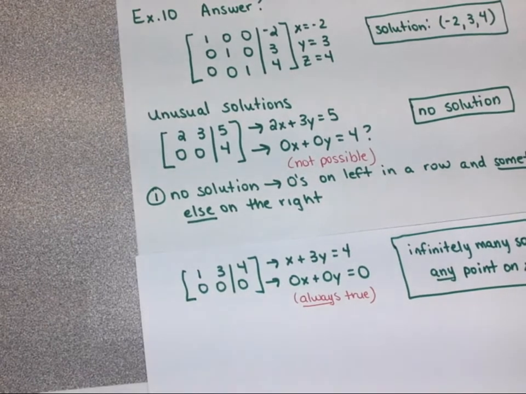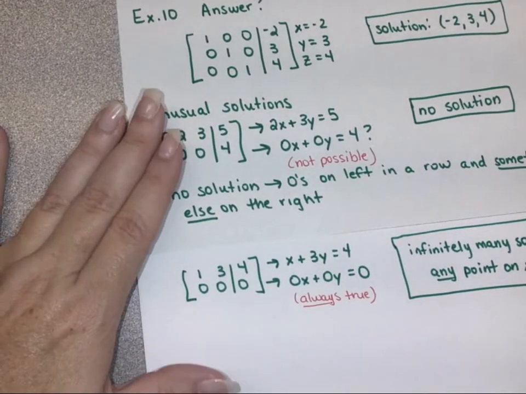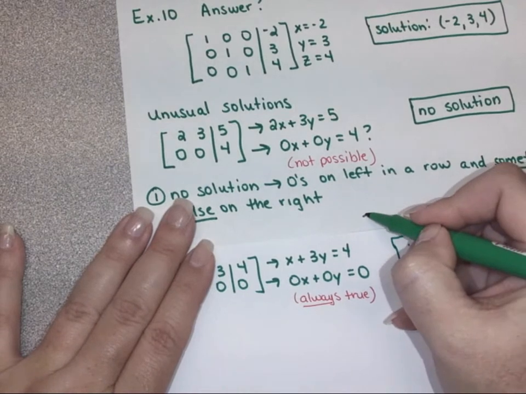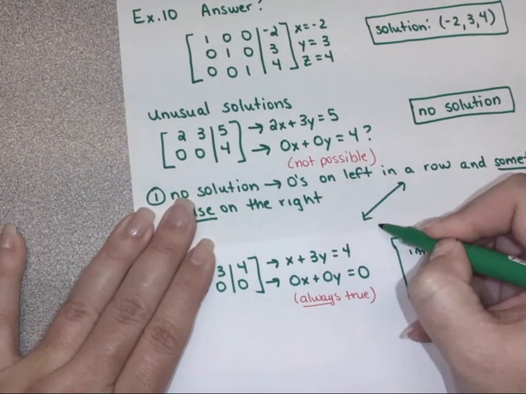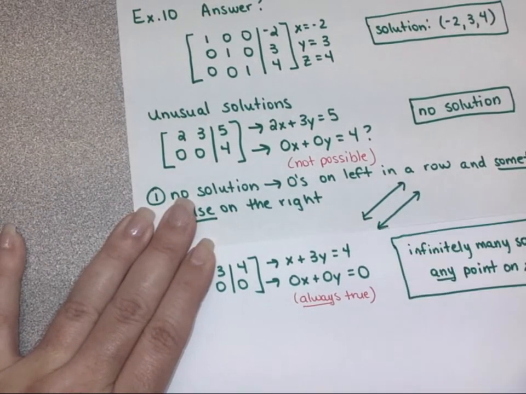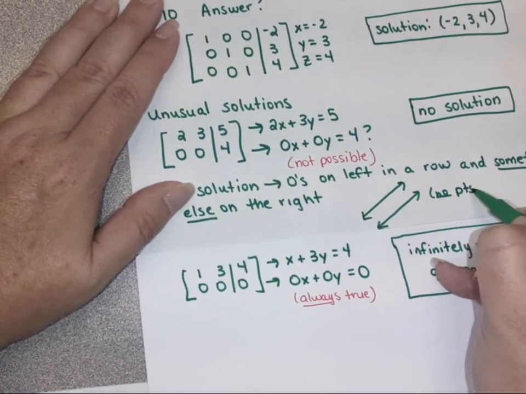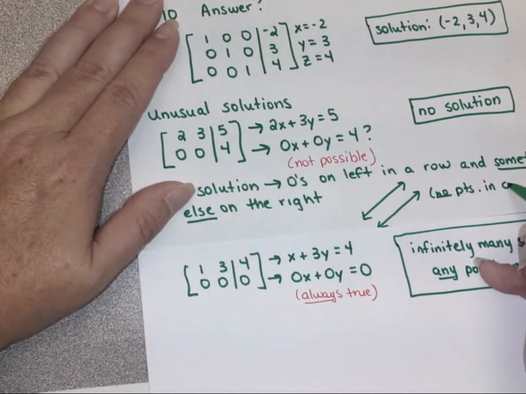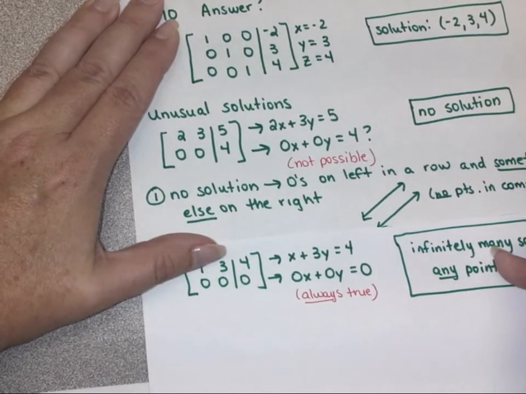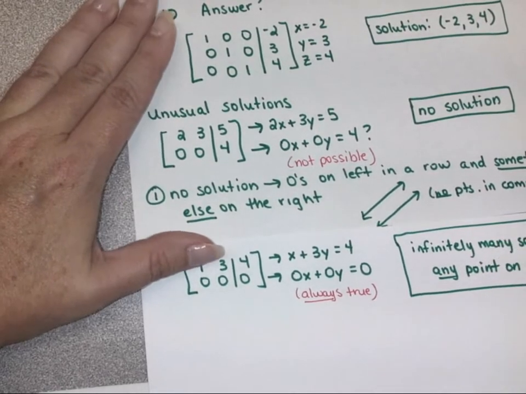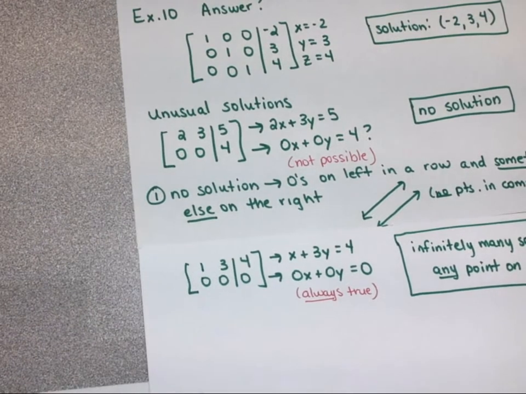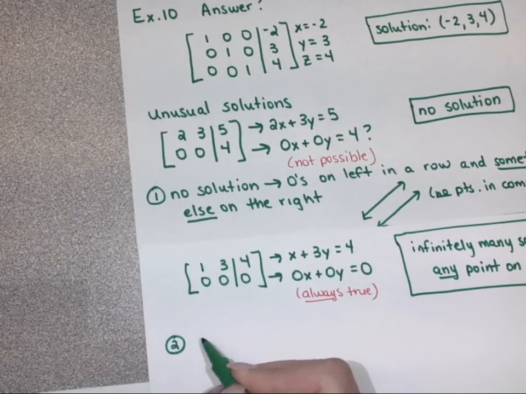Okay. So just so you know, I'm going to draw a picture here. A no solution looks like this. Okay, notice they have no points in common. So let's talk about what infinitely many solutions looks like.